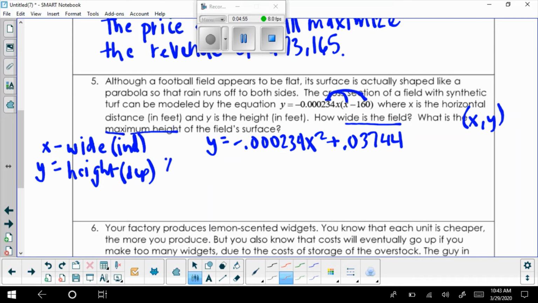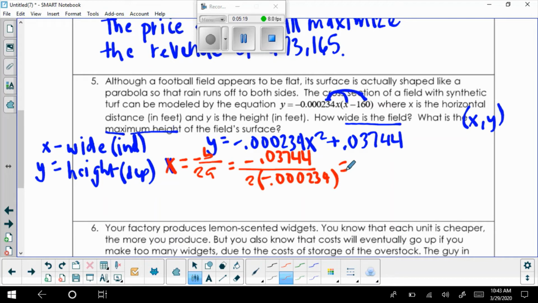So I got to start by doing opposite b over 2a. So opposite b is negative 0.03744 over 2 times my a, negative 0.000234. Be careful when we type this in.